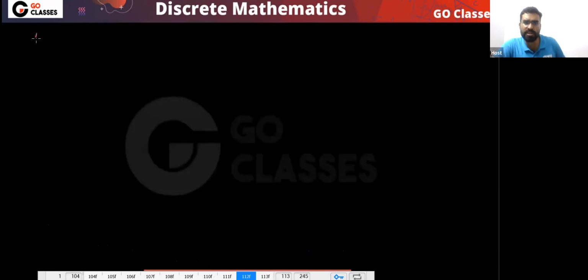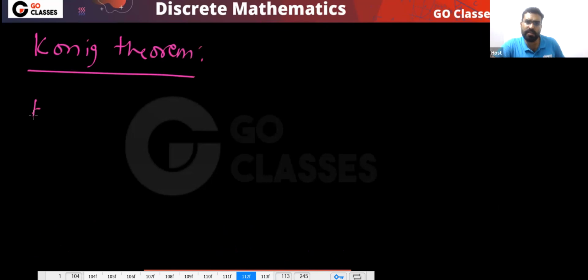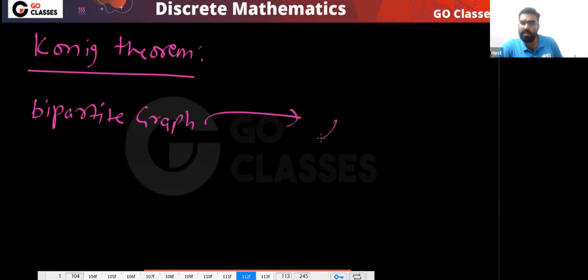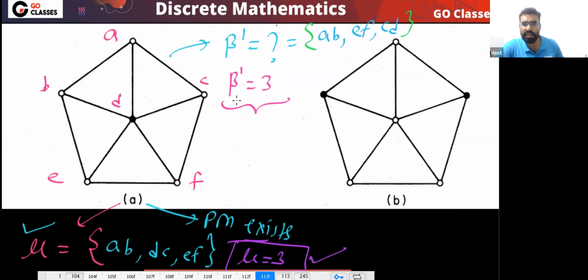And what does Konig's theorem say? Konig's theorem says that if your graph is bipartite, then the matching number will be equal to the vertex cover number, not the edge cover number.